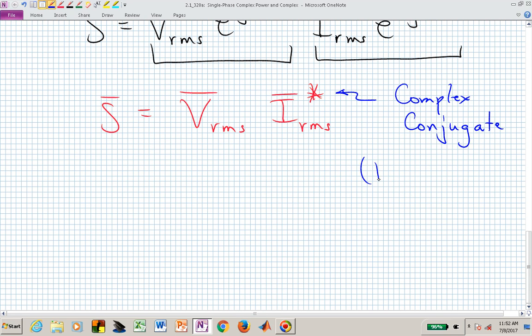And the units on this are simply volt amperes. Now anytime somebody asks what's the complex power of this circuit or element, if we can find the voltage of that network and its current, then the product of that voltage phasor times the complex conjugate of the current phasor produces the complex power.